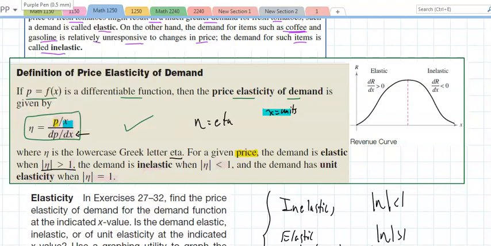So we say it's elastic if the revenue goes up, it's inelastic if the revenue goes down, and we say it's unit elastic right there.